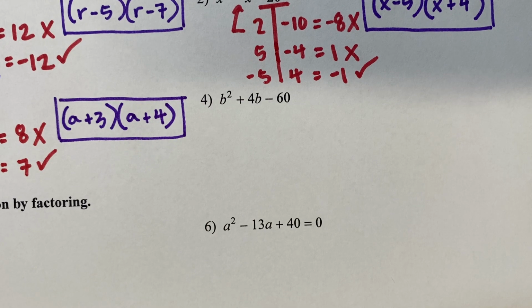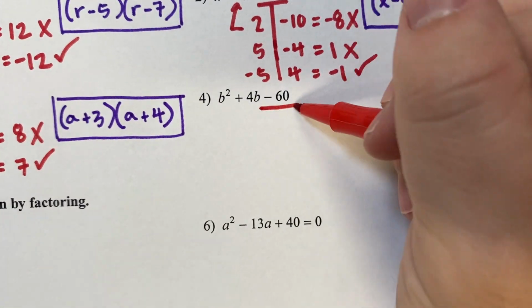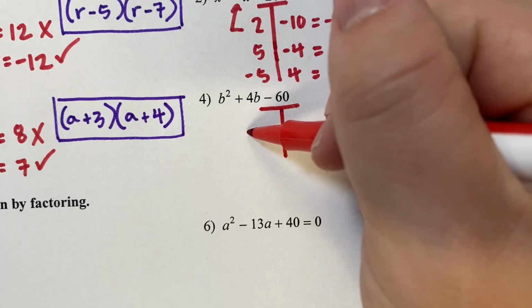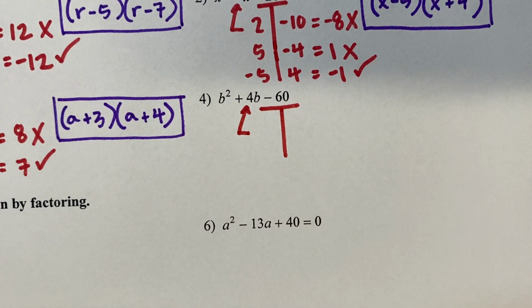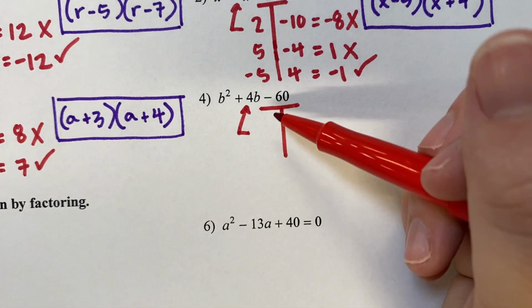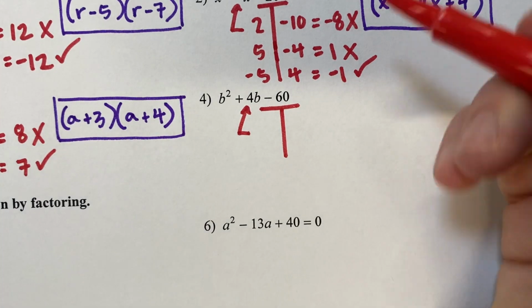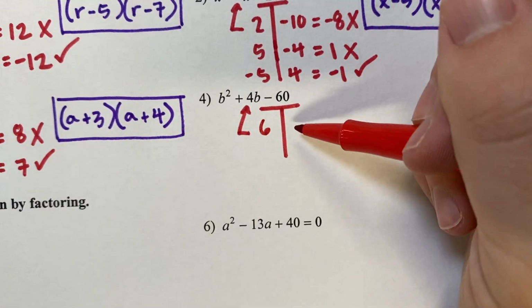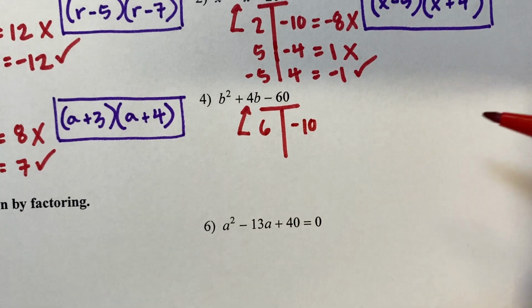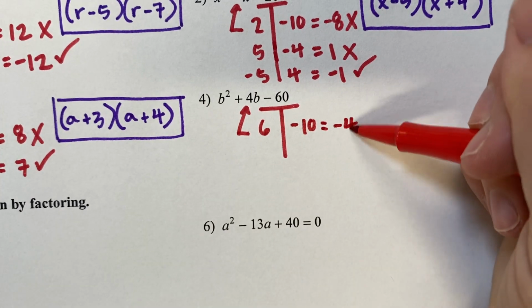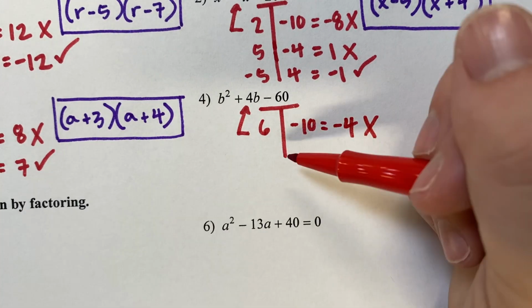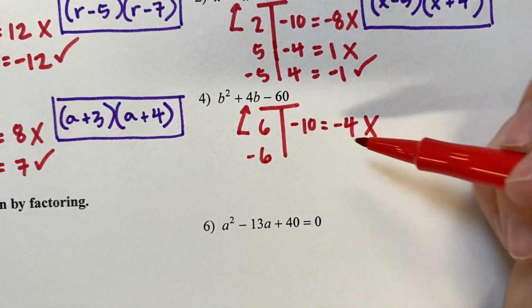Okay, let's play this one more time. Two numbers that multiply to negative 60 and are going to add to positive 4. Well, it needs to multiply to a negative, so one needs to be negative and one positive, so maybe 6 times negative 10. Added together, that's negative 4, not what we're looking for, but close, so let's maybe switch those signs.